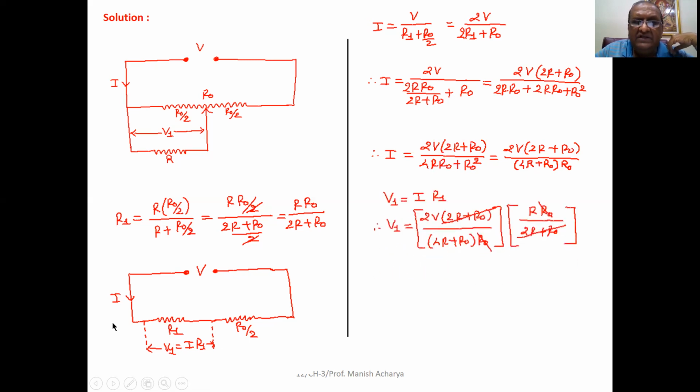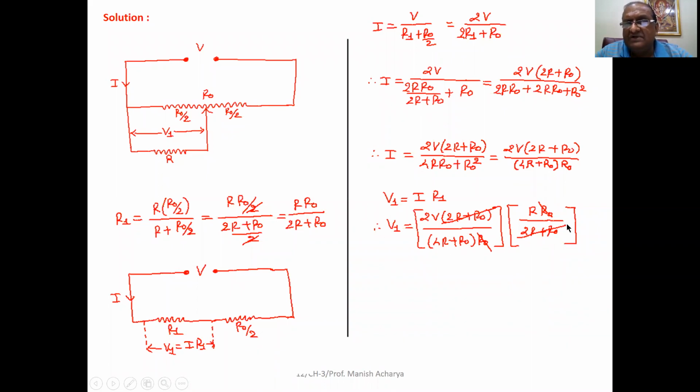Now voltage V1 is I R1. So substitute the value of I, this one here, and the value of R1, this one here. So V1 equals 2V into 2R plus R0 divided by 4R plus R0 into R0, and R1 is R R0 upon 2R plus R0.